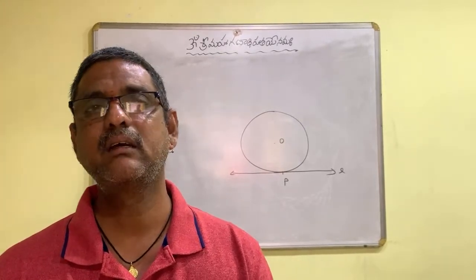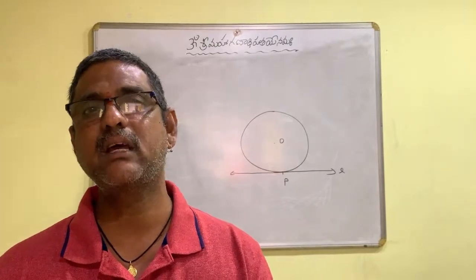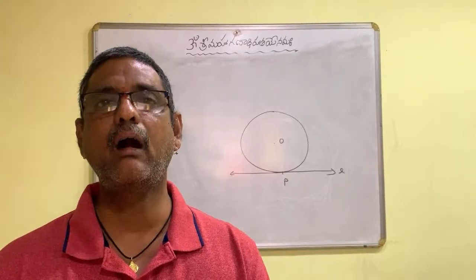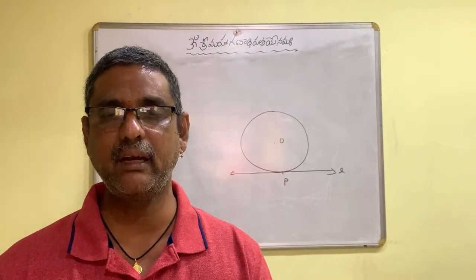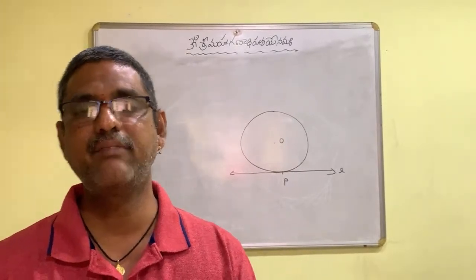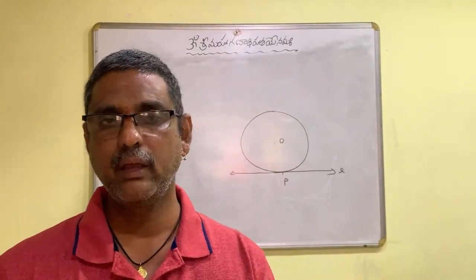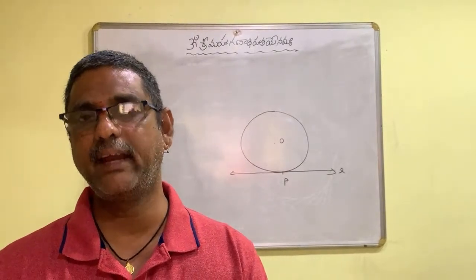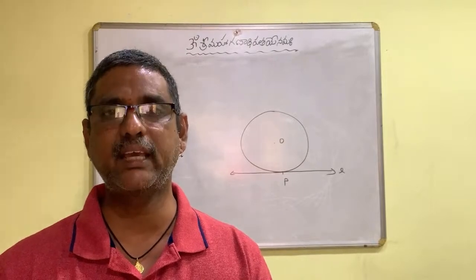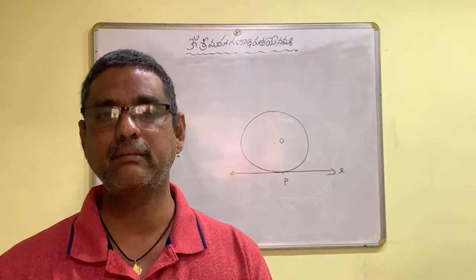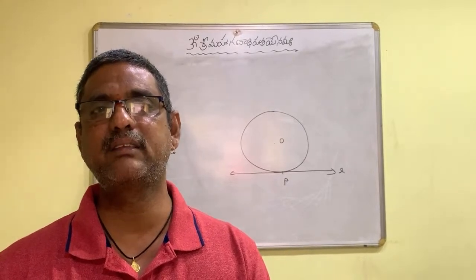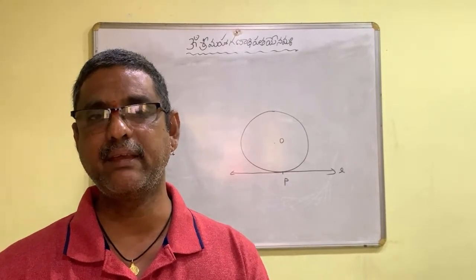Except P, all the points on the line lie outside the circle. If it happens so, then we can say that L is tangent to the circle with center O at P.